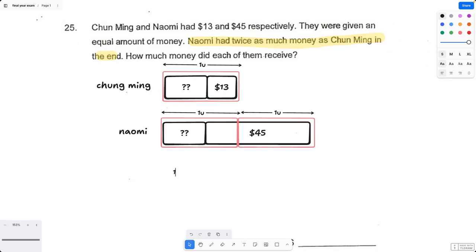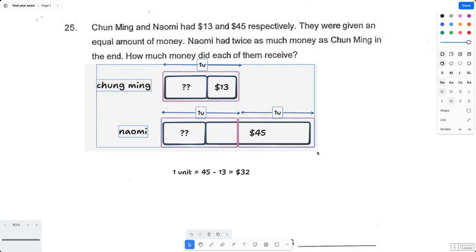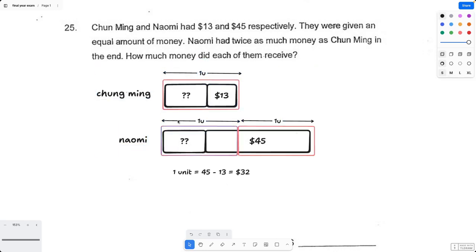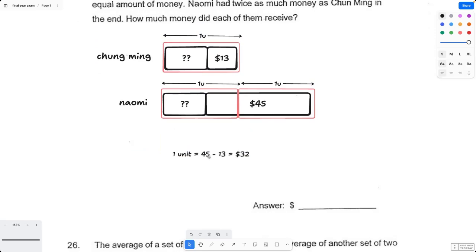In this case, 1 unit is basically just 45 minus 13, which is $32. Pretty straightforward. Now we want to know how much money each of them received.